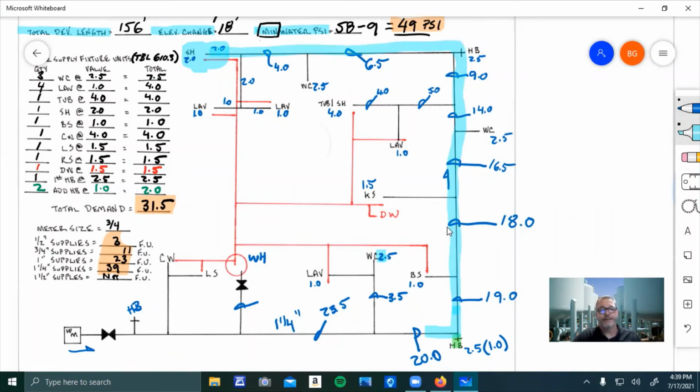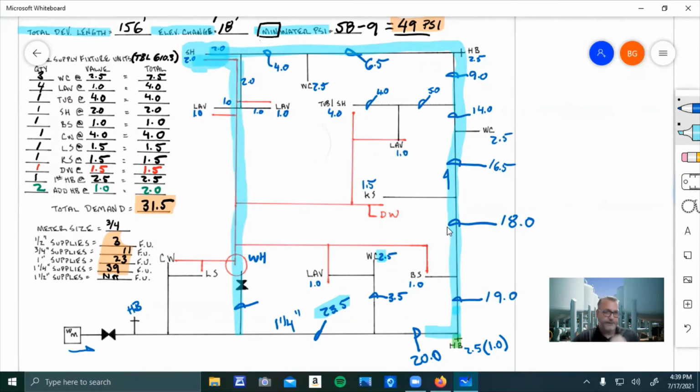That's the way it was going. We fed that, we counted it, and it's counted right there, 23.5 fixture units. But what if you turn the hot water side of the shower on? You now have to run that 2 fixture unit value this way, all the way up through this line and over.